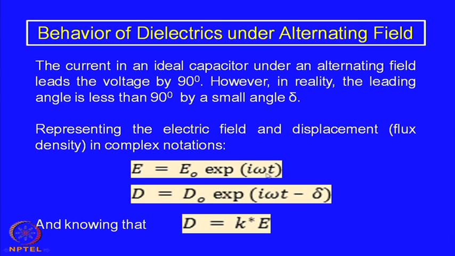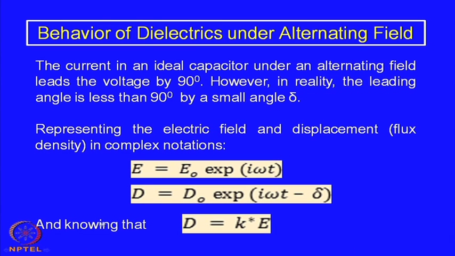Omega is the angular frequency, t is the time, and i is the imaginary quantity. And the corresponding displacement, the effect of the electric field or the induced flux density, is D equal to D0 exponential i omega t minus delta. So, this is actually a kind of the effect of voltage, that means the current.